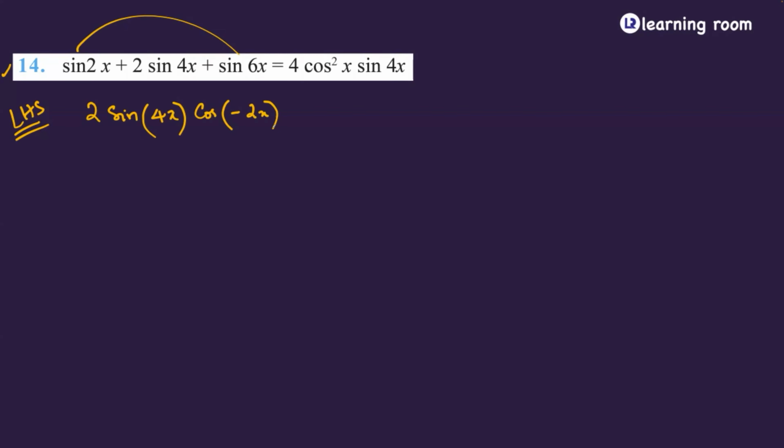Right? And you're left with plus 2 sine 4x. That is the middle term. It is left out. So 2 sine 4x, I'll take out common. One thing is cos of minus theta is cos theta. So this can be written as cos 2x plus I have a 1 here.